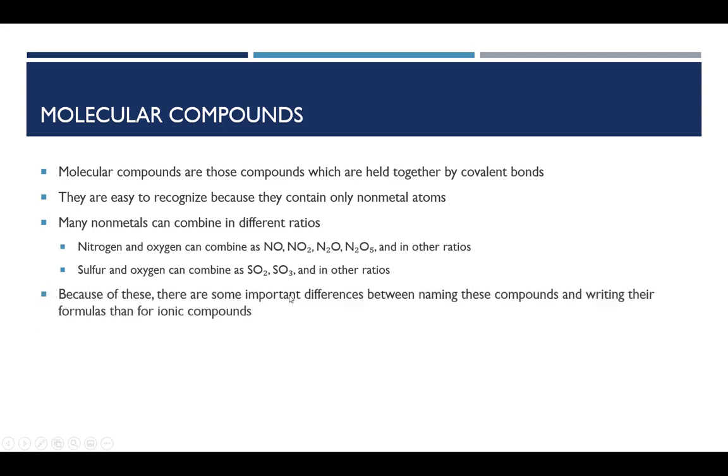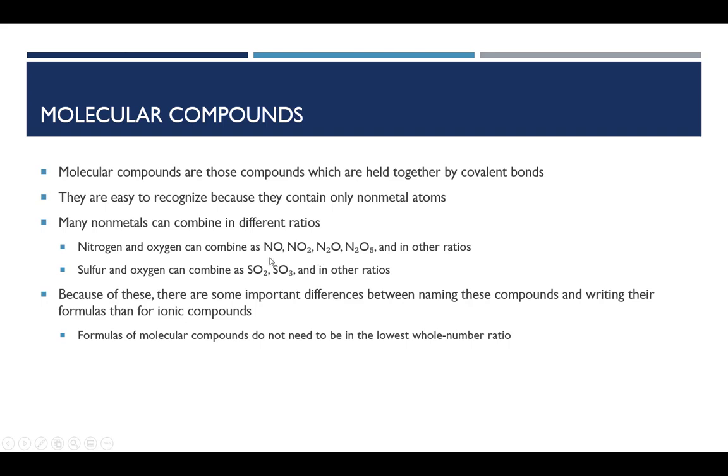And so we have to take that into account when we are naming these compounds. For example, we can't just call this sulfur oxide because we don't know which one we're talking about, no more than we can call this nitrogen oxide. We have to know which one we're referring to. Another important difference is that because these can come together in different ratios, we do not need to write molecular compounds in the lowest whole number ratio.